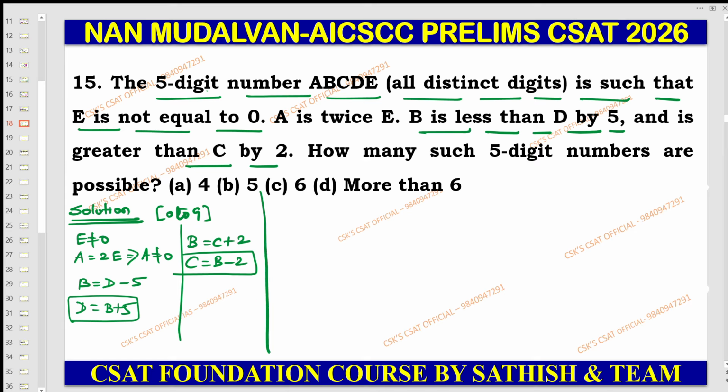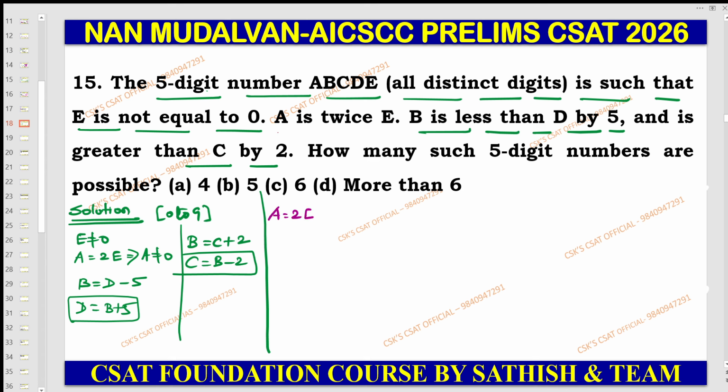Now, first of all, try to understand the logic to solve this kind of problem. One of the logics here is to first fix the constraint. What are all the possibilities for A is equal to 2e? First you fix this one. Suppose E I am placing here, A I am placing here.